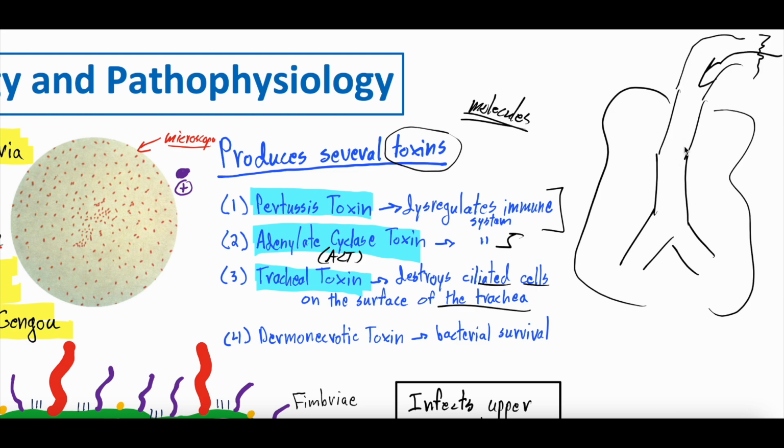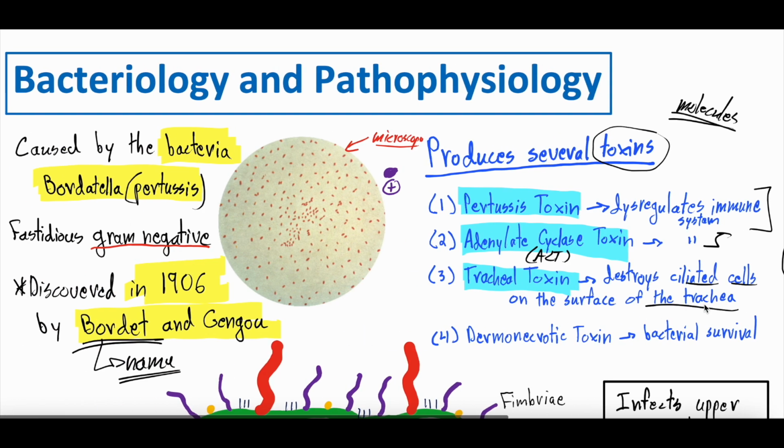But the trachea has a bunch of cilia. These are kind of hair-like projections, and the cilia help us clear things out of the lungs, right? The cilia kind of move these particles up towards our vocal cords, and then we cough things out. But the tracheal toxin destroys ciliated cells on the surface of the trachea, so you are less able to clear all that gunk out of your lungs, including the infection.